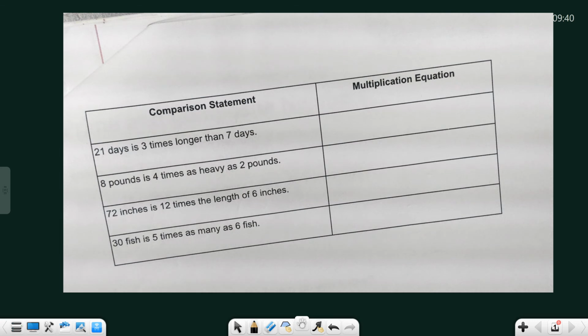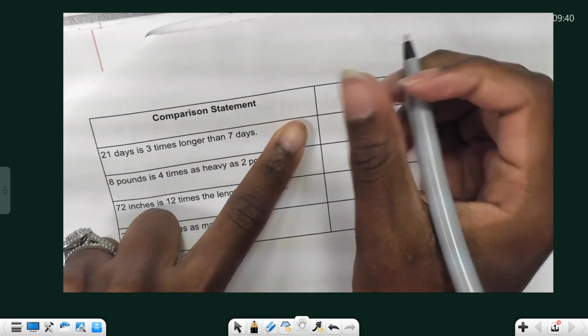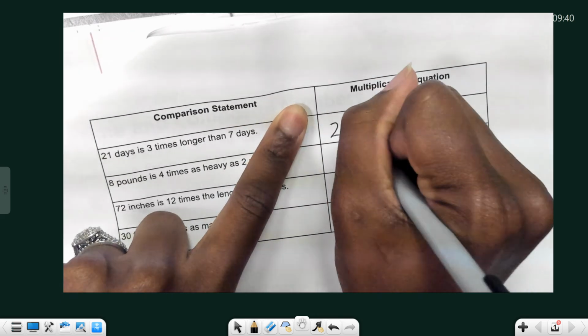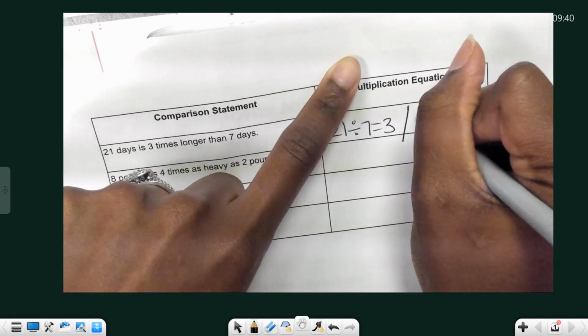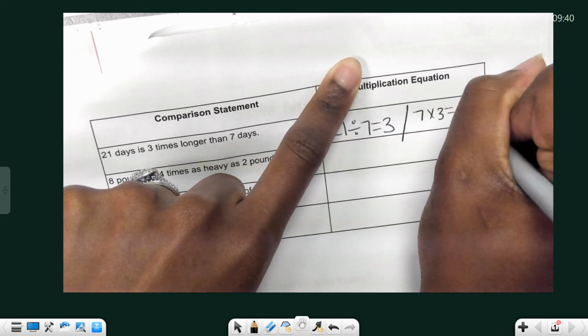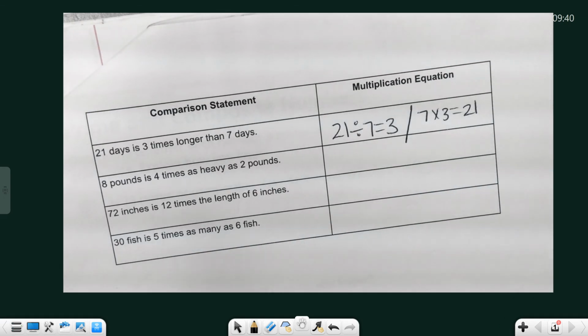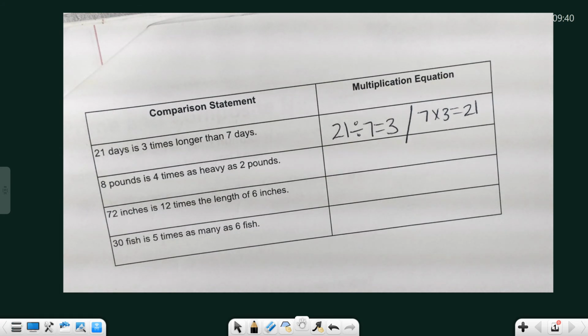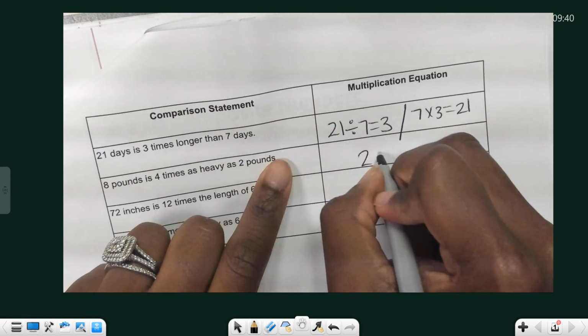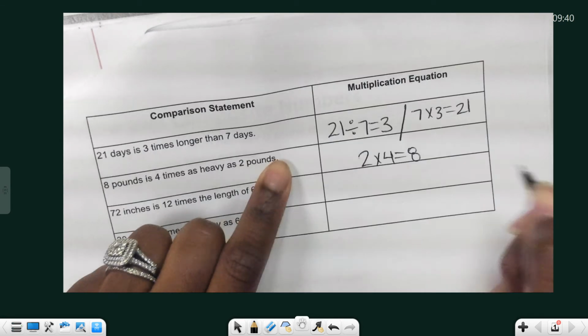Akiria. It gives us the answer on the side anyway. 7 times 3 equals 21. 8 pounds is 4 times as heavy as 2 pounds. Kanai. 2 times 4 equals 8.